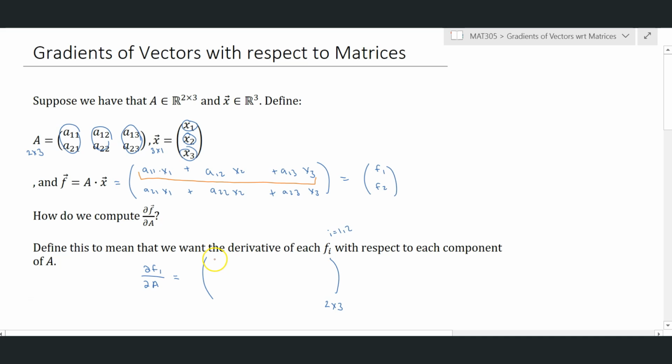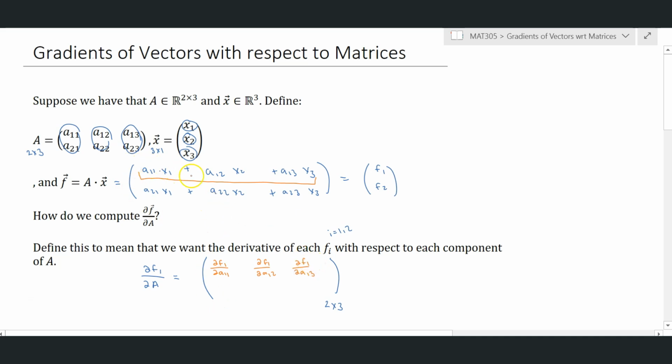So in other words, this will have the derivative of f1 with respect to a11, and then the derivative of f1 with respect to a12. Notice all we're doing is going across the first row of A and taking the derivative of f1 with respect to each of those entries.